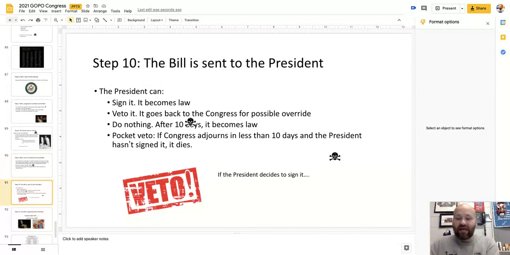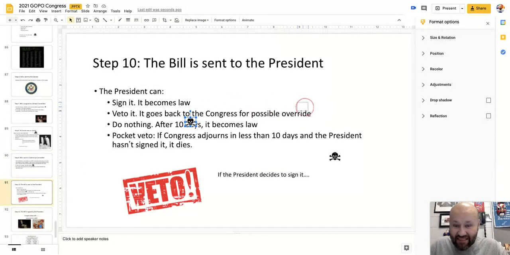However, if the president does not like it, we're going to have a veto. So the president can sign it, and it's a law. The president can veto it. And if the president vetoes it, it is dead.